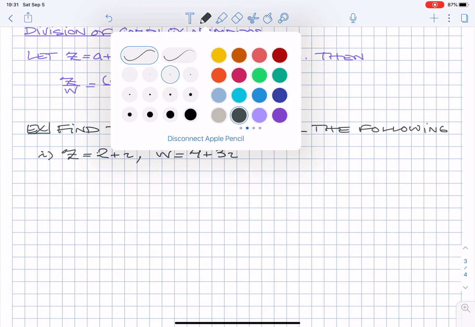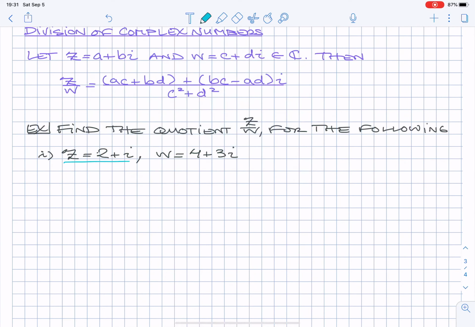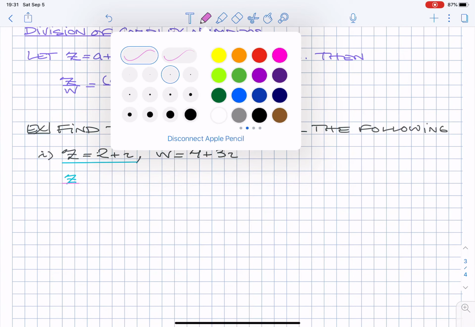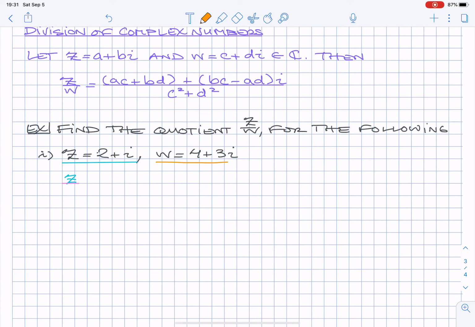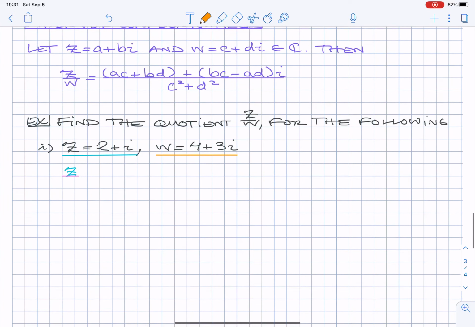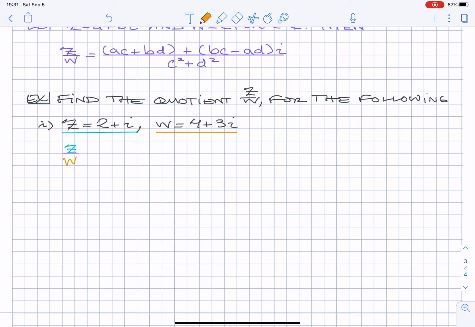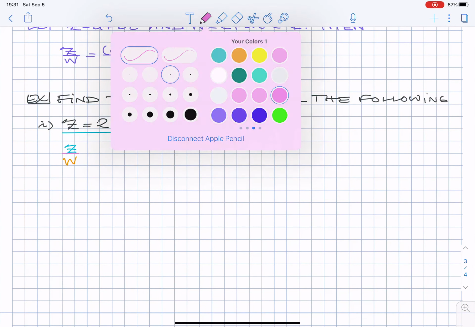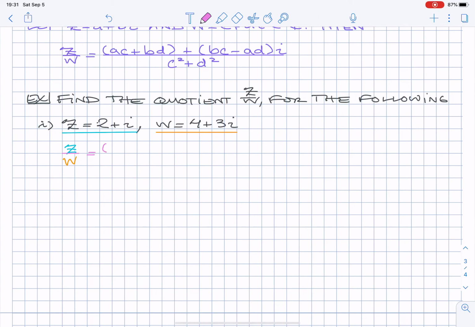Okay. So let's have z be blue. So z divided by, let's have w be orange instead of purple. Something different. w. Okay, so now I know I have addition for my first component.